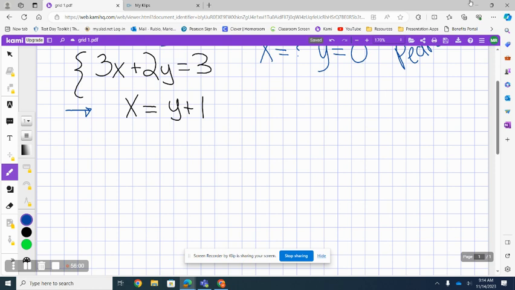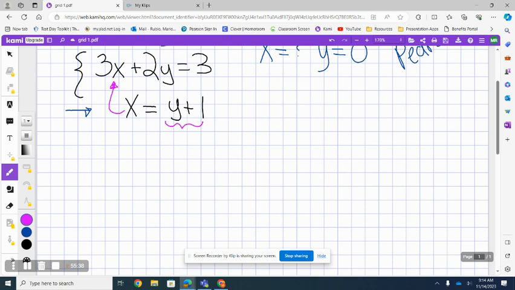What is x equal to? y plus 1. So what I can do is substitute this into this x. And the reason I want to do that is so I can get rid of the x and have this all in terms of y. So I have all y's in one equation or all x's in one equation.